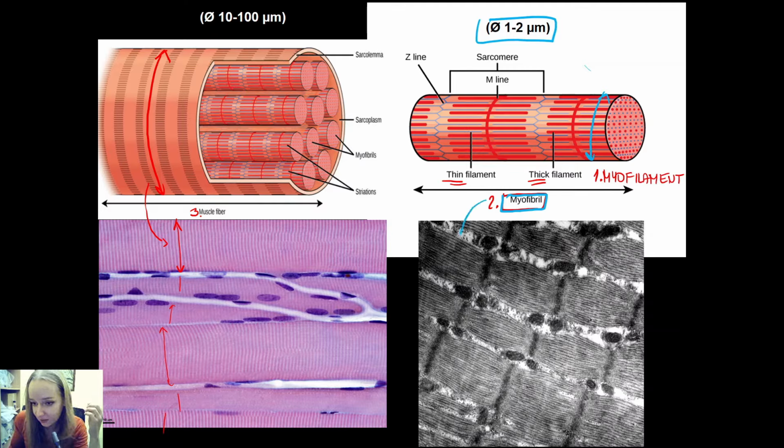These are the myofibrils, and we can see 1, 2, 3, 4, 5, maybe 6 here, many myofibrils that are arranged in parallel in the muscle fiber. So we can see them as big structures in the electron microscope, but we can also see them in the light microscope.